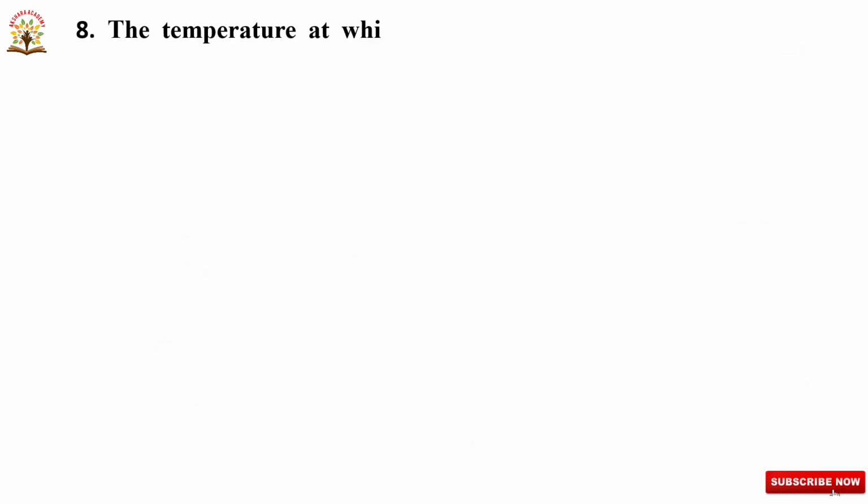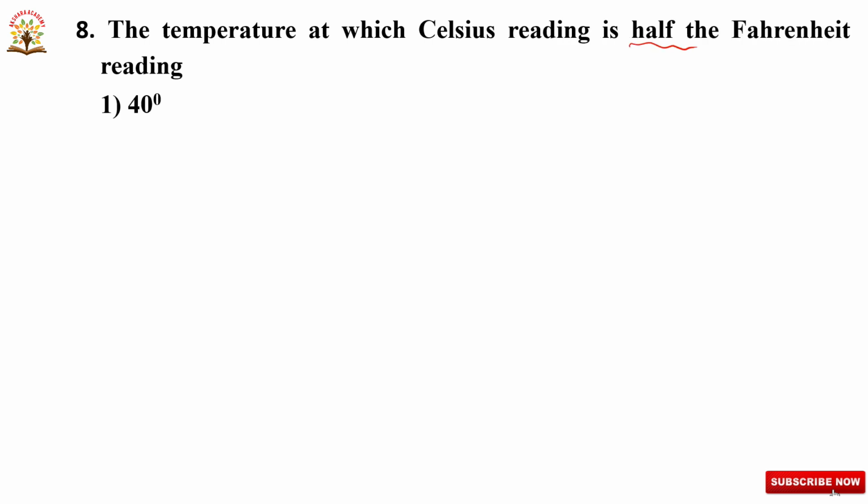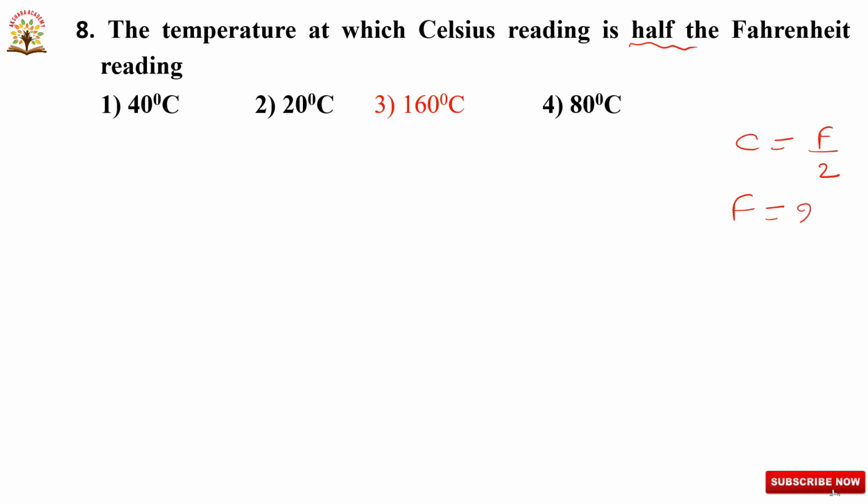Eighth one, the temperature at which the Celsius reading is half the Fahrenheit reading. Here we have to take the Celsius reading as half, nothing but C is equal to F by 2. So in the place of F we can write 2C. So now let us go to the solution. Here they have given the temperature at which the Celsius reading is half the Fahrenheit reading.